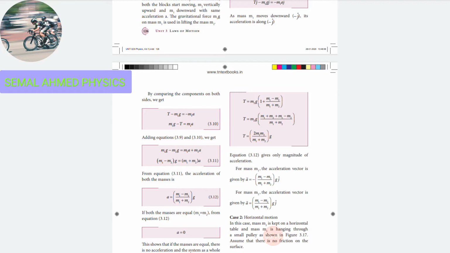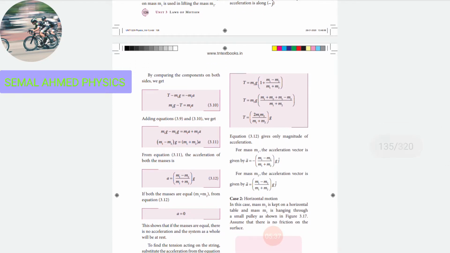That is equation 3. So from equation 3, the acceleration of both the masses is a equal to m1 minus m2 divided by m1 plus m2, whole bracket, into g. Taking g outside as a constant, this is equation 4.